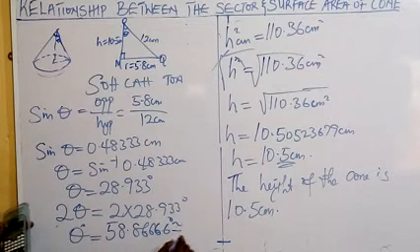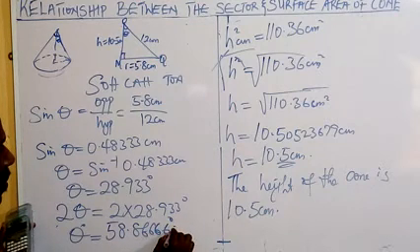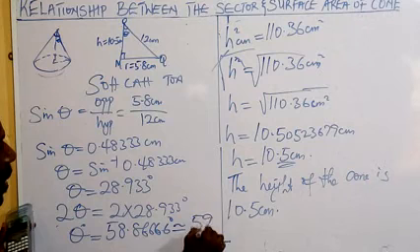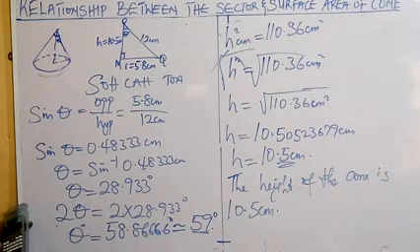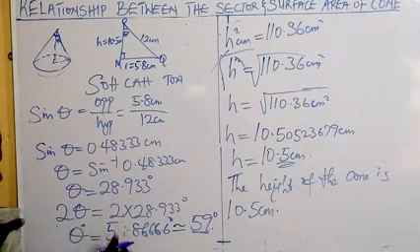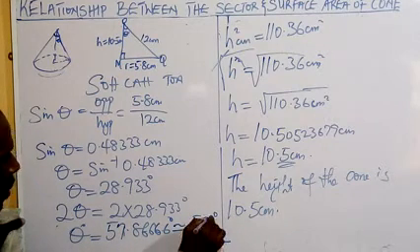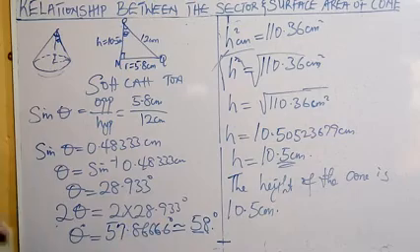So therefore it will be 58 degrees to the nearest degree. 57.8666 degrees, so 58 degrees. All right, that is our final answer.